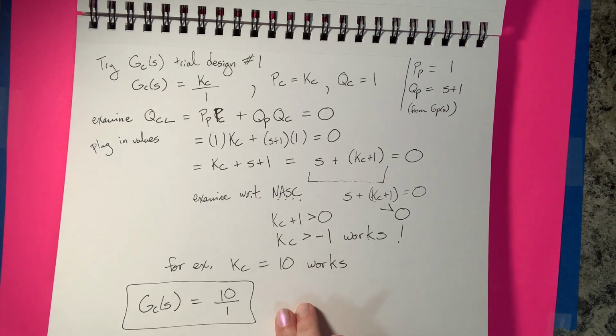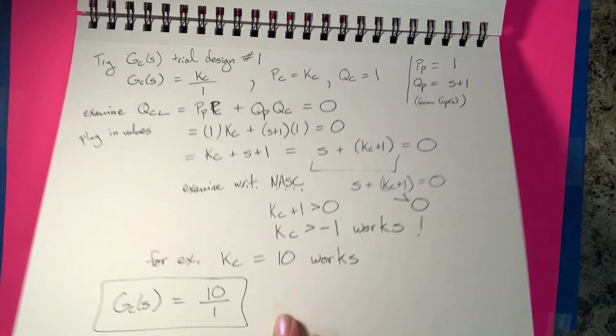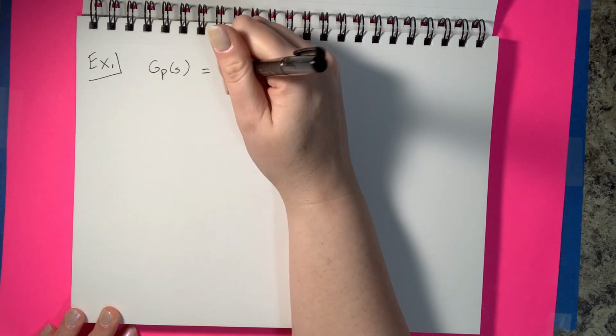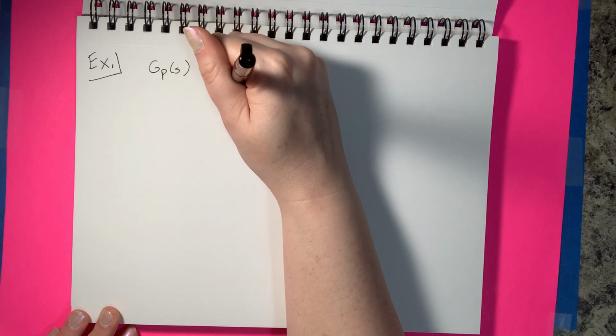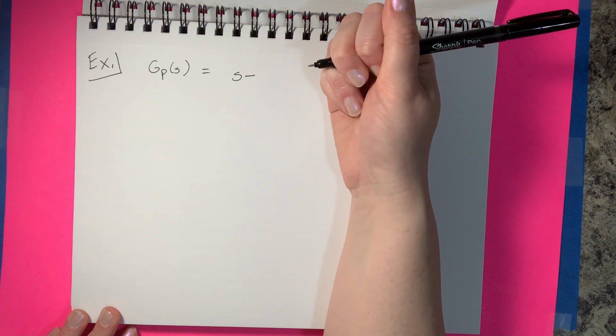Let's do something a little more complex that we have to evaluate a couple of different trial designs for. So let's do this. How about GP of S is equal to, let's make it something that is unstable.